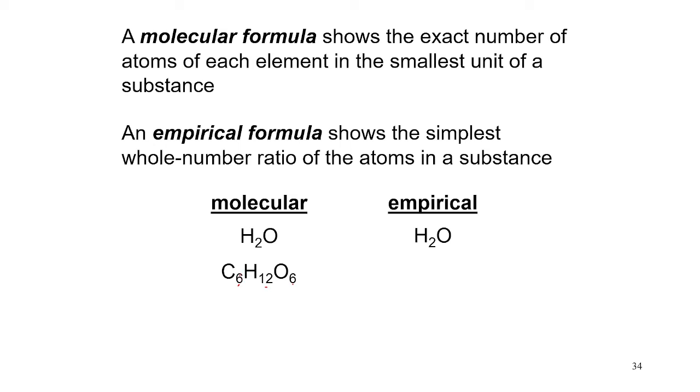Divide lang natin ng 6 to. That will be 1, 2, 1. Okay? So, kaya tayo magkakaroon ng CH2O. Okay? Simplification lang yung ating empirical formula. And if we have O3 or ozone, for the molecular formula, its empirical formula will be O.